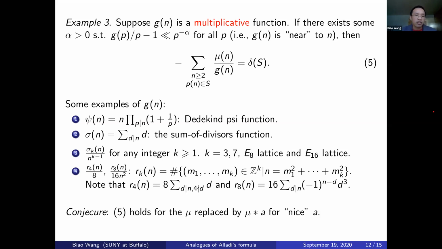A conjecture is that for this formula, we can replace mu by other good arithmetic functions like the Liouville function and the Ramanujan sum.